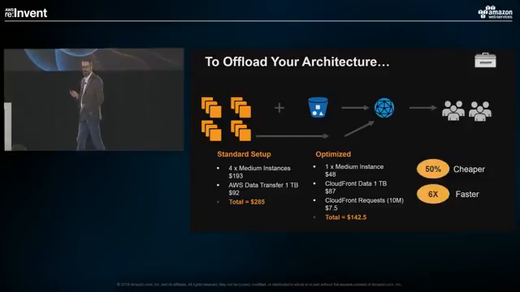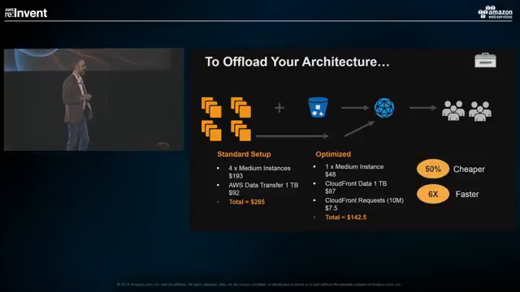So what about an example of this? If we combine these things that we've been talking about, we can take a look at an environment and do an optimization. We take a standard environment here. We've got 4 medium instances in different geographies around the world to serve our customer base, and it's costing us about $300 a month for those instances and a terabyte of transfer out.